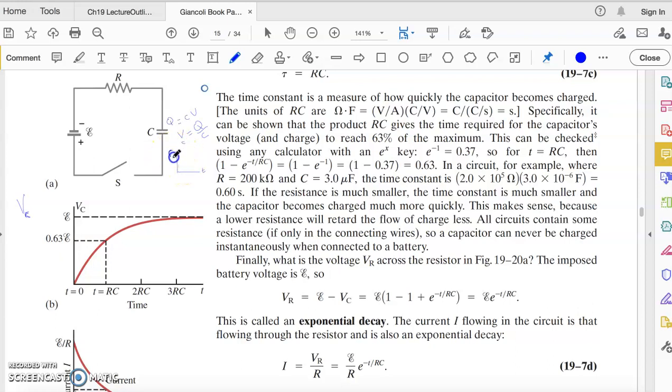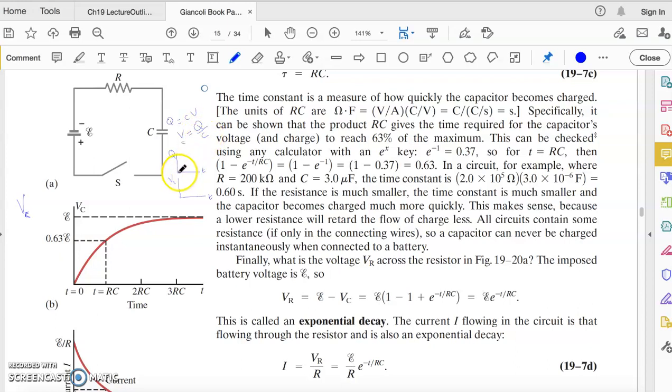Either if I say the charge of the capacitor, or the voltage across the capacitor, to your surprise or not, they should have the same looking graph because they are directly proportional to each other with a constant 1 over C between them.